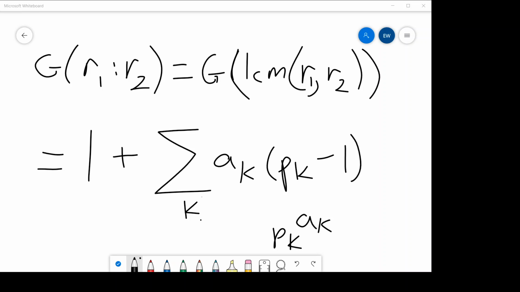So ak is the powers, and pk is the constituent primes. So pk is going to be 2, 3, 7, whatever, and ak is going to be the power of that particular prime. So if you had the number 49, then your pk would be 7 and your ak would be 2. It's not necessary that you understand sigma notation and all that. This is just for the mathy people.